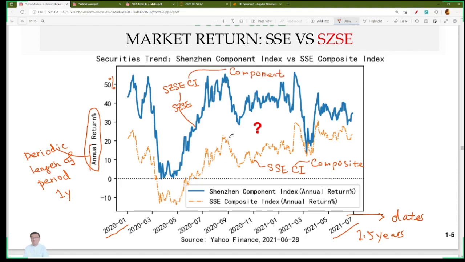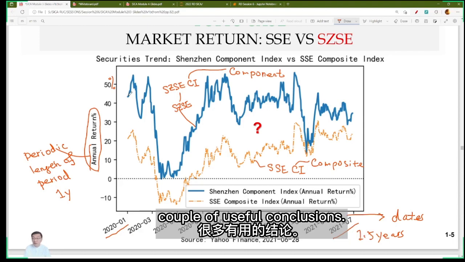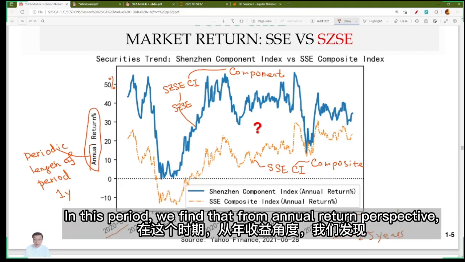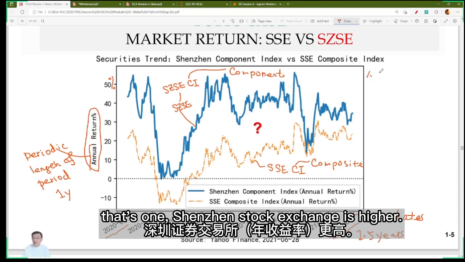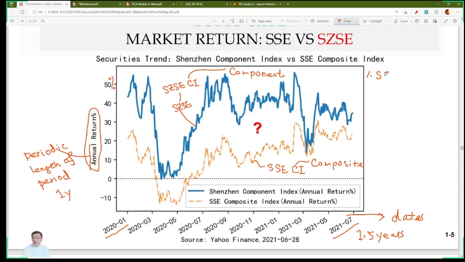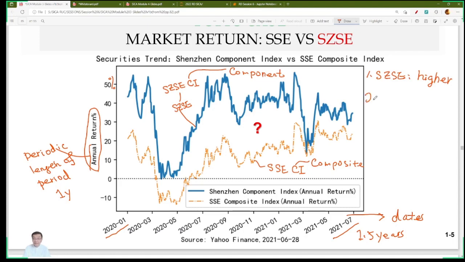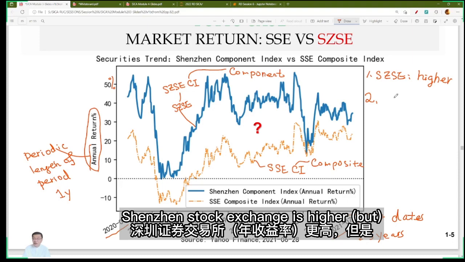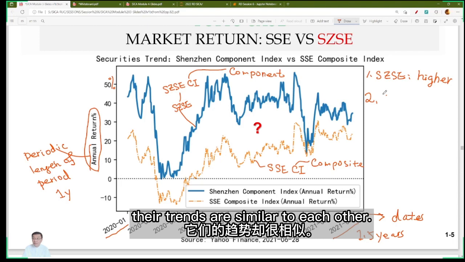Well, from this picture, we can quickly find out a couple of useful conclusions. In this period, we find that from the annual return perspective, first, Shenzhen Stock Exchange is higher. This is pretty interesting, right? Second, although Shenzhen Stock Exchange is higher, their trends are similar to each other.